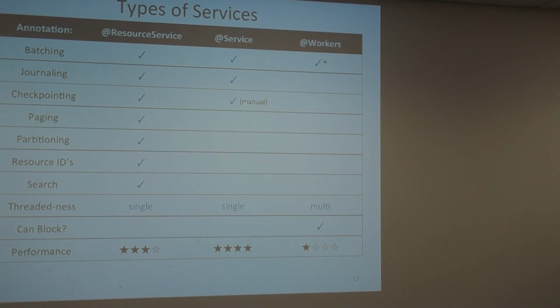But sometimes you want more control over your system, and a regular service might fit your needs better, but you have to manage your checkpointing, your paging, partitioning, and your searches manually. It's very, very fast if you're able to handle all those issues. And then the blocking worker services don't get any of those benefits because they're multi-threaded and can block.